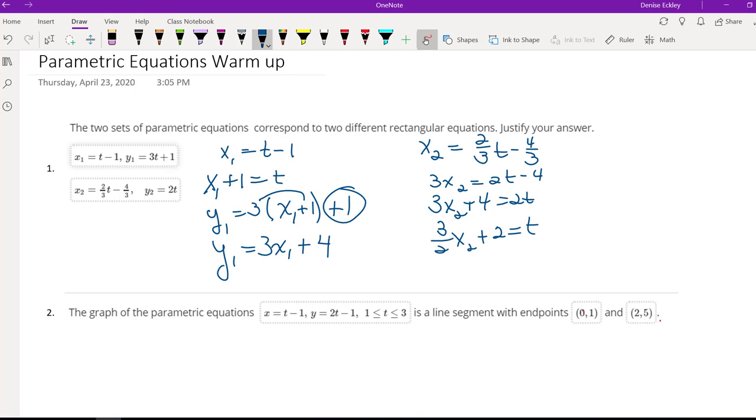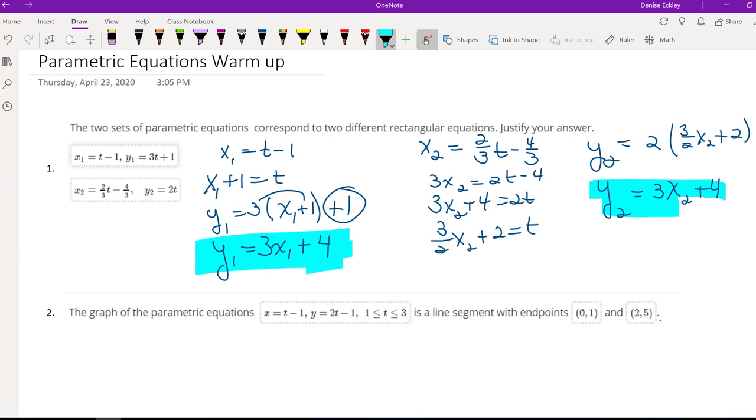And then I will substitute that in y2. So y2 will be 2 times (3 halves x2 plus 2). And when I distribute the 2, I get y2 equals 3x2 plus 4. So these are exactly the same, so the answer would be true.